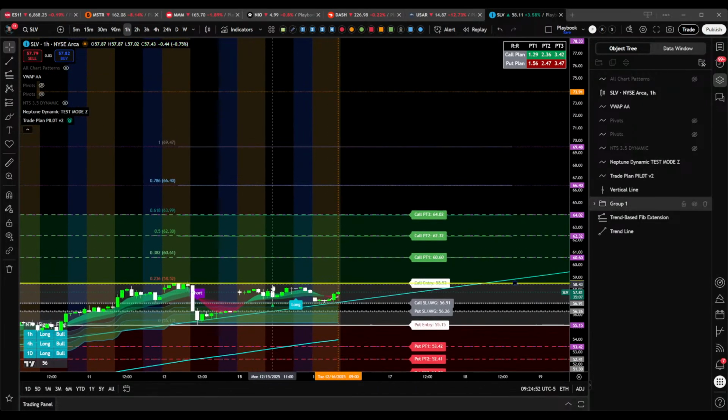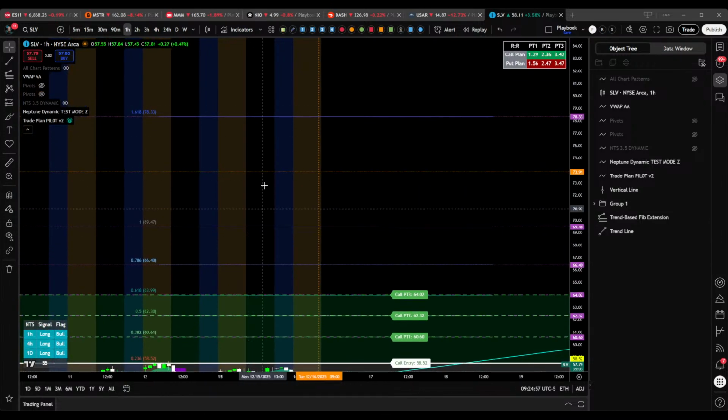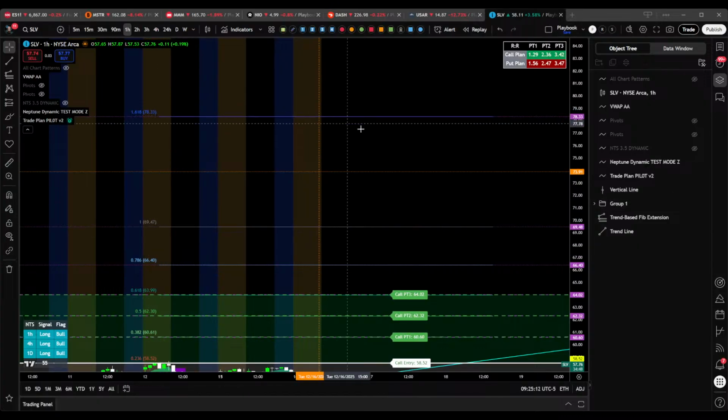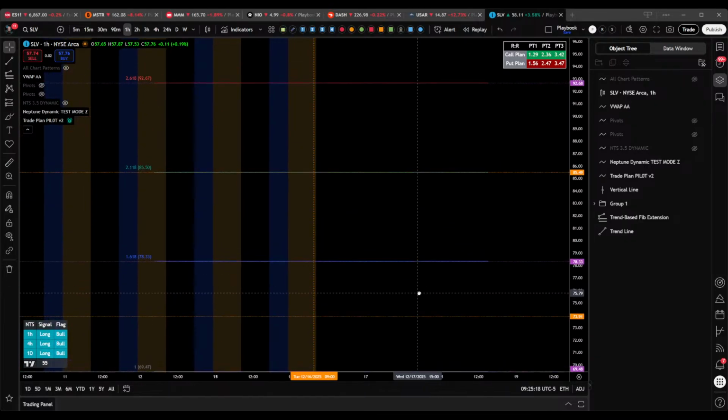One thing that I like to do once I've put in a set of trend-based fib extensions is, once we get to these larger moves over the 100% fib extension, I like to start chopping these moves in half. And I found pretty good success and accuracy with doing this. So instead of looking for it to go all the way from 69.47 to 78.33, we're looking for and anticipating a potential stop or check of resistance there at 73.91.